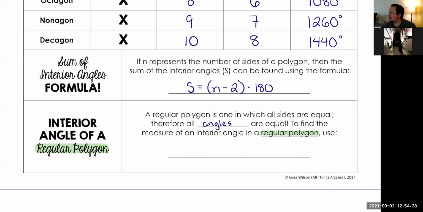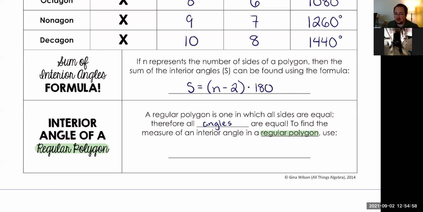Hopefully this doesn't surprise us too much, because if we go back to our comfort zone, which is probably still triangles, when we had an equiangular triangle, it was also equilateral, because the angles had a very, very strong effect on what the sides opposite them ended up doing. So very consistent relationship there. If all the angles are the same, all the sides are the same. If all the sides are the same, all the angles are the same.